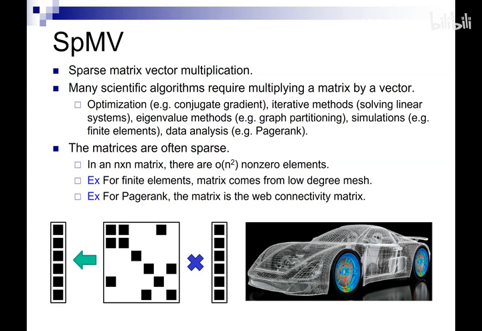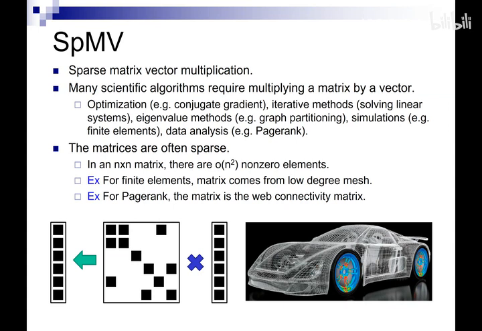Each vertex only has 4 edges, let's say. So even though it's a 100,000 by 100,000 matrix, there are only going to be 4 non-zeros per row. So it's a very sparse matrix. That's one example.